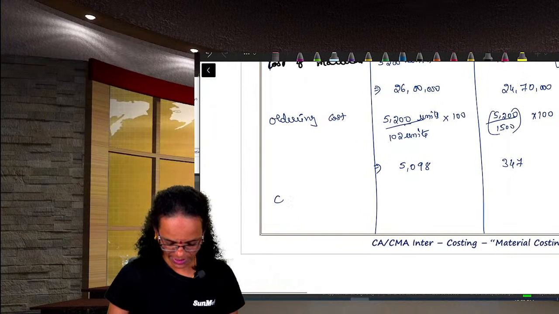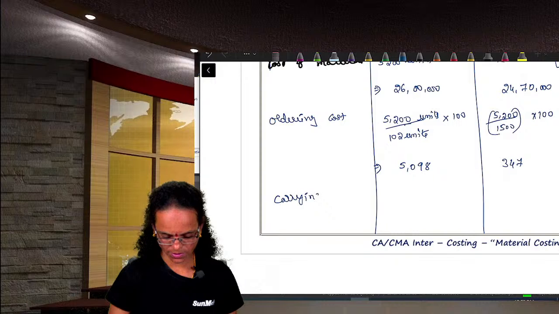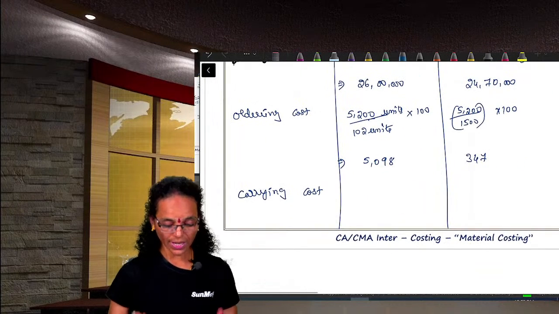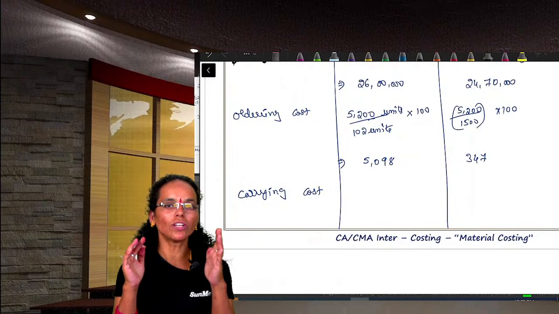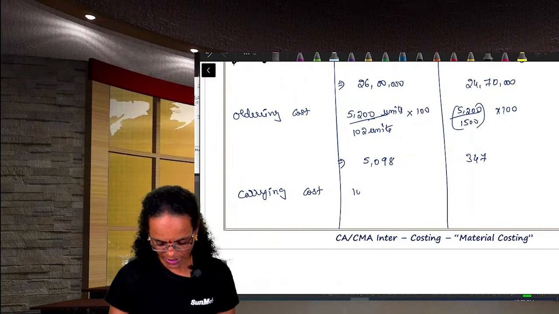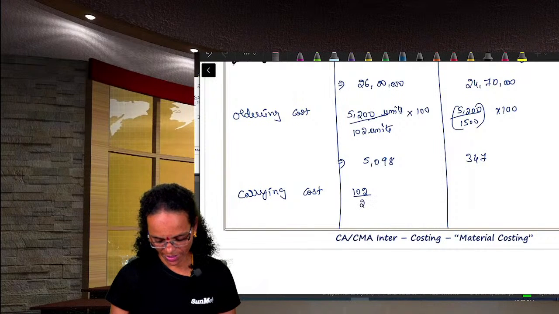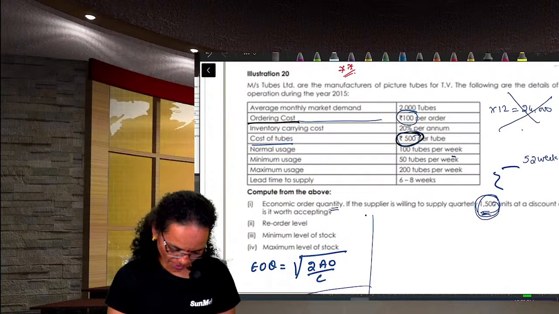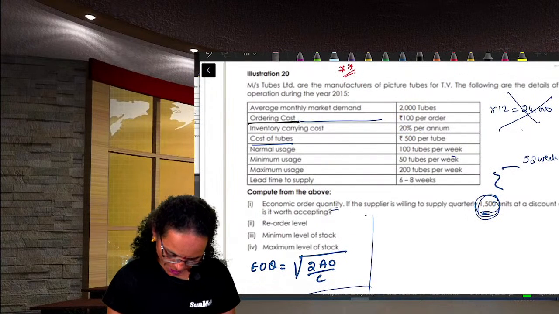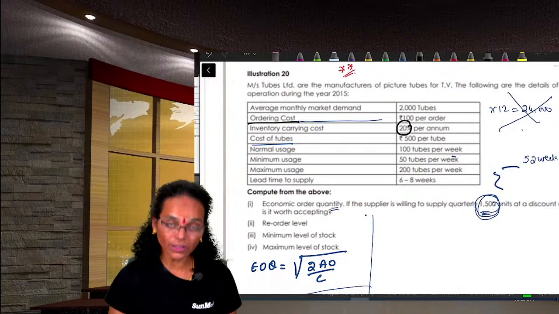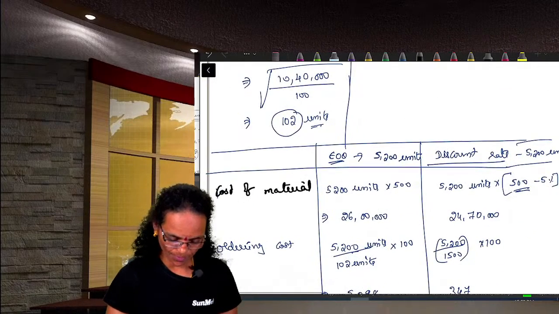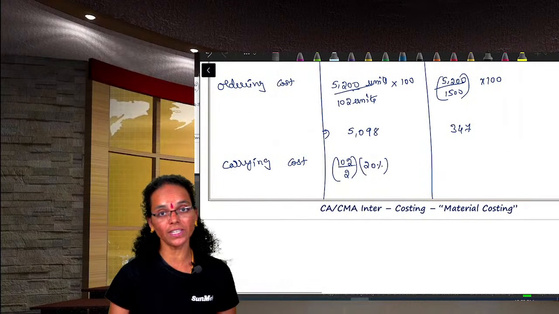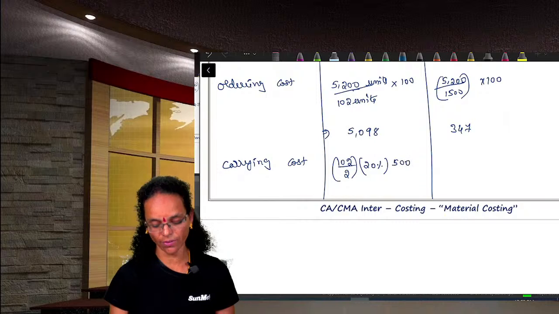Ordering cost is done. Carrying cost. See, at economic order quantity we are placing an order for only 102 units, so on average we are carrying half of that. The carrying cost is 20% on the cost at which you are purchasing. We are purchasing at 500 only, no discount under EOQ.